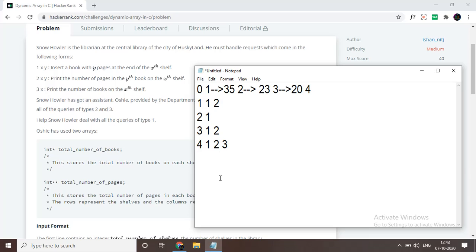For example, the query is like this: 2, 0 and 2. That means here, in the 0th shelf, I am going to print the number of pages of book 2. How many pages are there? 23 pages are there. We have to print 23 for this input.